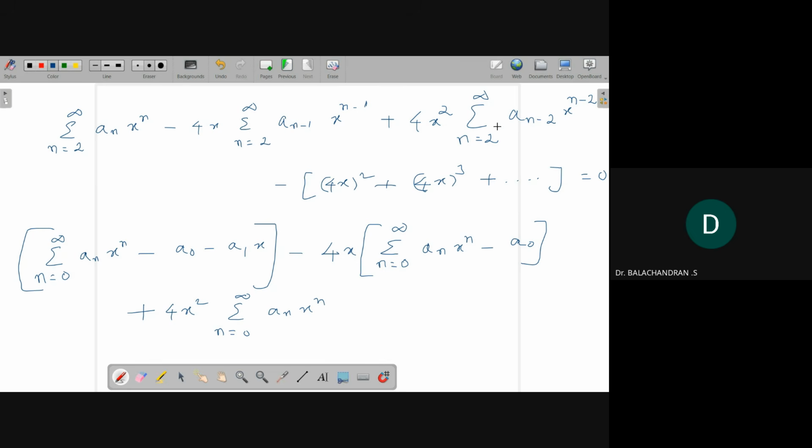Okay, this is same as this series, minus, make it 4x whole square common. This position is 1, so that's why I'll take 4x square common, remaining what? 1 plus 4x plus 4x whole square plus and so on, equal to 0.